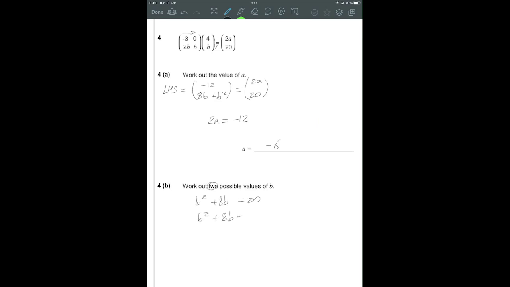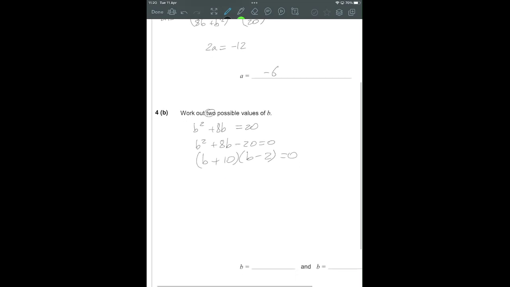I know quadratics often have 2 separate values, and I know for quadratics I need to rearrange it to make it equal to 0, either factorize or put it into the formula. This one, 20 comes from 2 and 10. A -2 and a +10 makes the 8 in the middle, so therefore from our 2 brackets b equals -10 or 2. They're my 2 values of b.